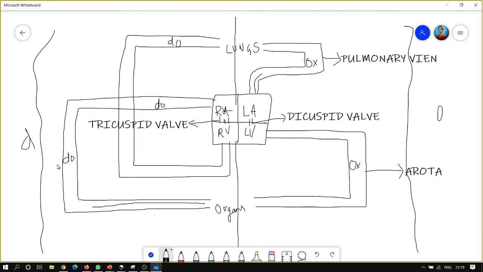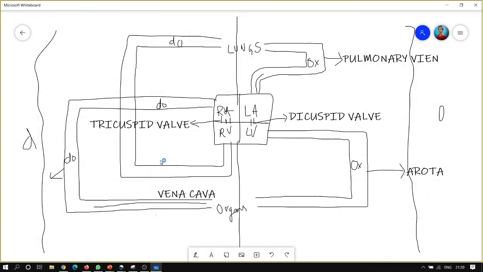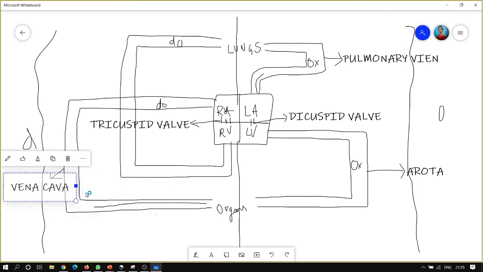And this one here, let me just write it. It is known as the vena cava, and this carries deoxygenated blood. Always remember, deoxygenated blood from all the cells to the right atrium.